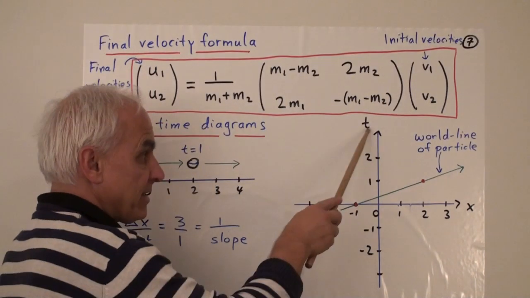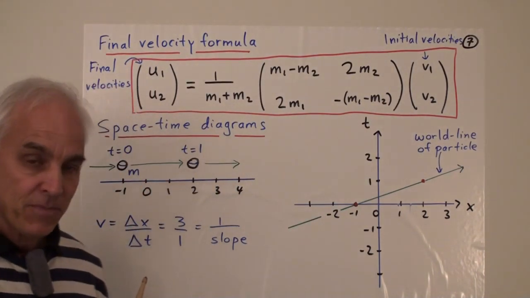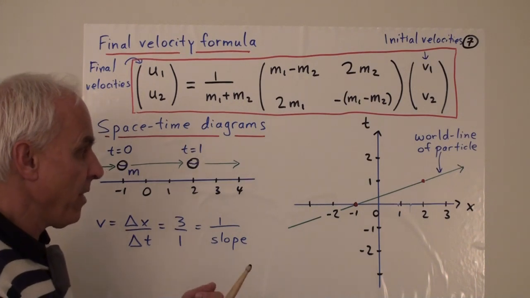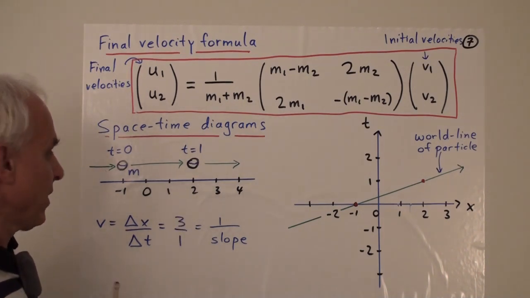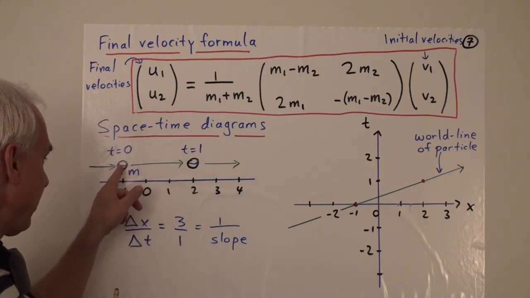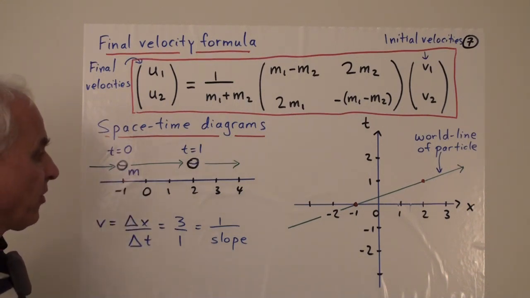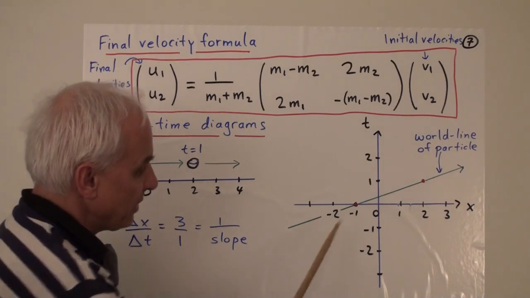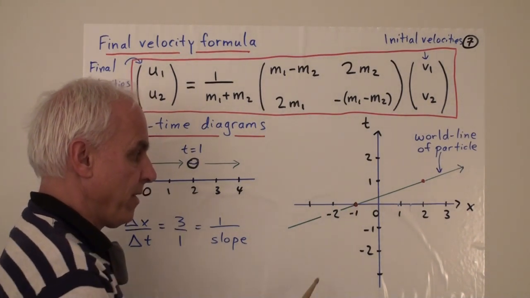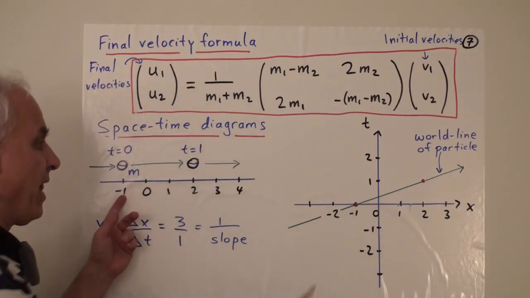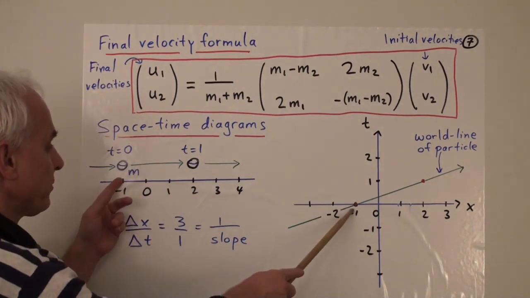And this vertical axis is the time dimension, which records the time when various things are at certain positions. The particle being here at time t equals 0 corresponds to this point on the space-time diagram, the point with x-coordinate -1 and t-coordinate 0.